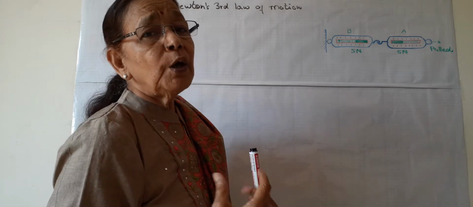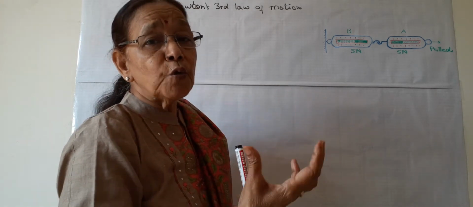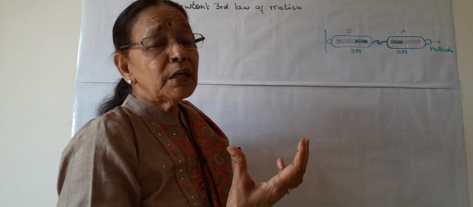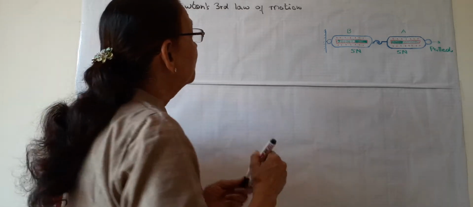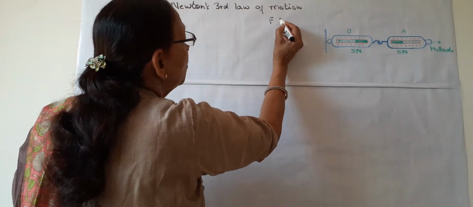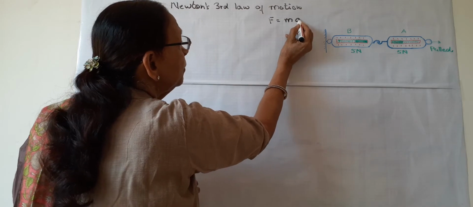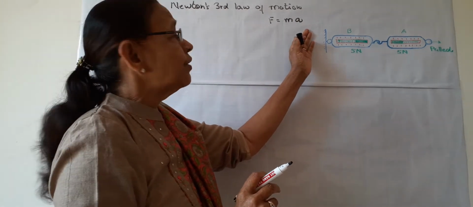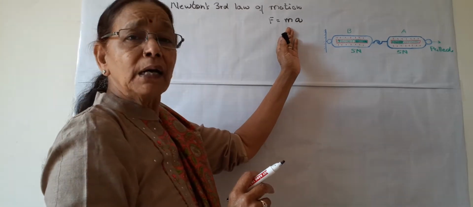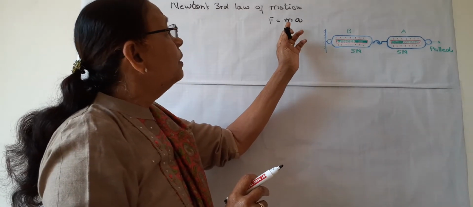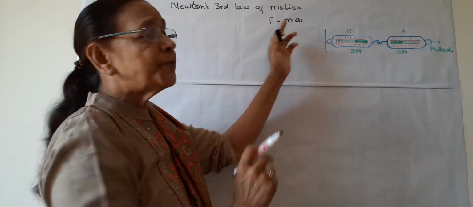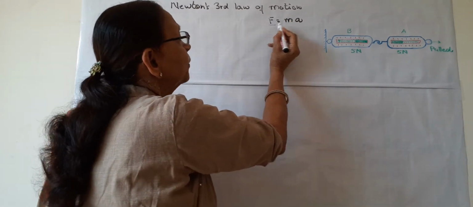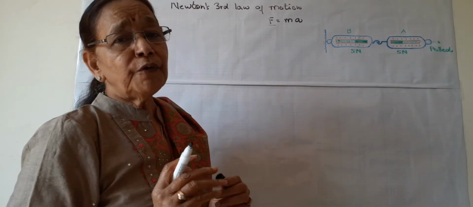In the second law, we quantify this force, so that we can measure the force, and the formula for the second law was F is equal to ma, where F is the force, a is the acceleration, and m is the mass. If we know the mass and acceleration of some object, we can calculate the amount of force.